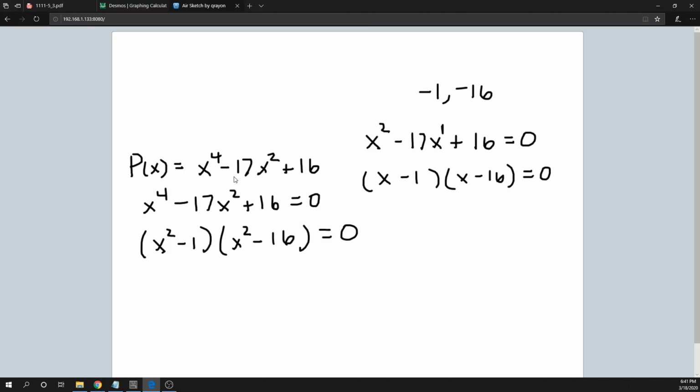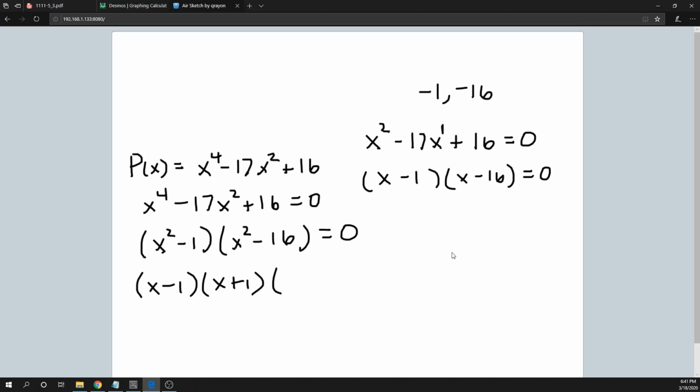So you can factor a lot of higher degree polynomials like that if they follow that format. If they don't, then that's a totally different story, and that's way more complicated than what we'll go into. We still want to make sure to factor completely. Both of these are differences of two squares, so both of these can be factored.